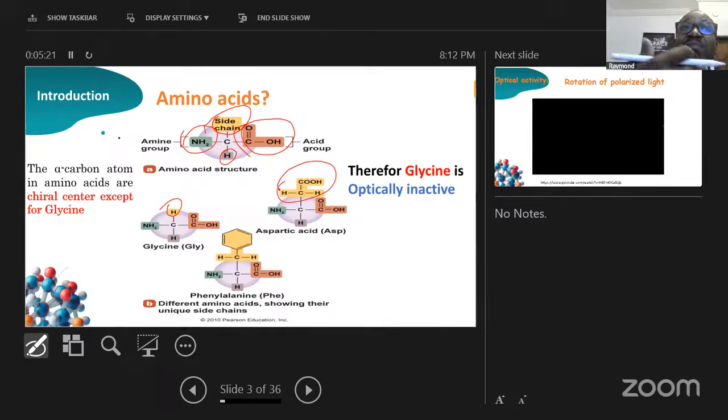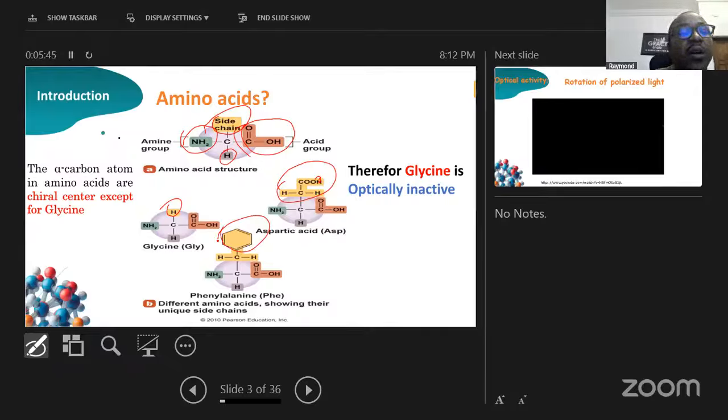It is called aspartate when it has lost this hydrogen atom. But with the presence of this hydrogen here, you call it aspartic acid. We have the one that has CH2 and the benzene ring. We call it phenylalanine.